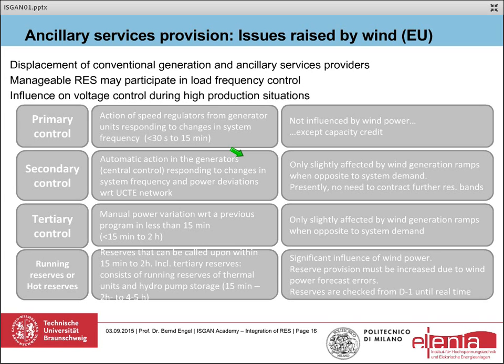It's only slightly affected by wind generation ramps when opposite to system demand. And then we have now running reserves and hot reserves, and this has a significant influence of wind power. Reserve provisions must be increased due to wind power forecast errors. Reserves are checked from the day before until real time.